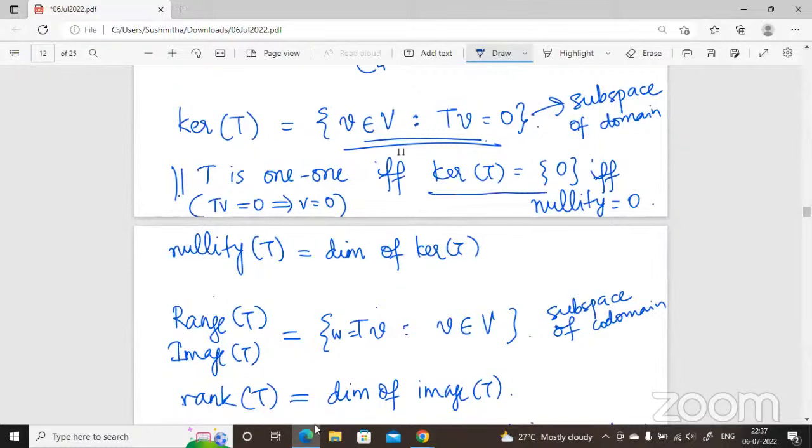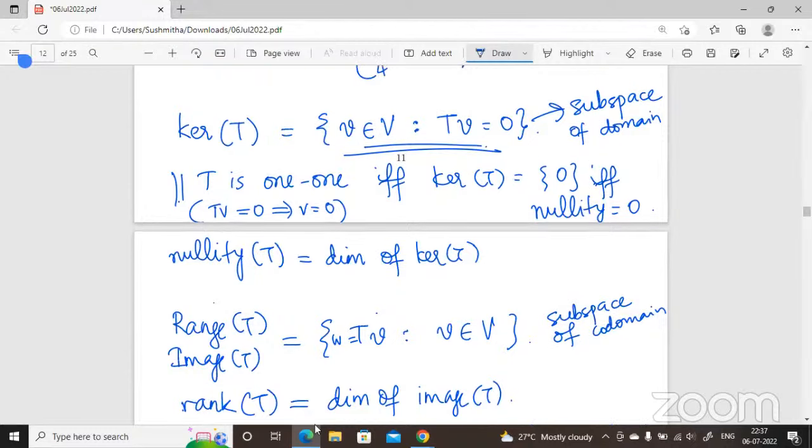So this kernel becomes a subspace. The 0 vector will always be there because the 0 vector goes to the 0 vector. Are there more vectors? That is the question.